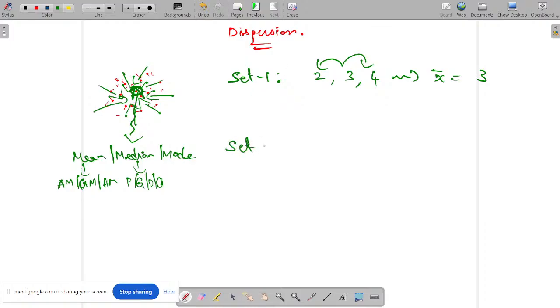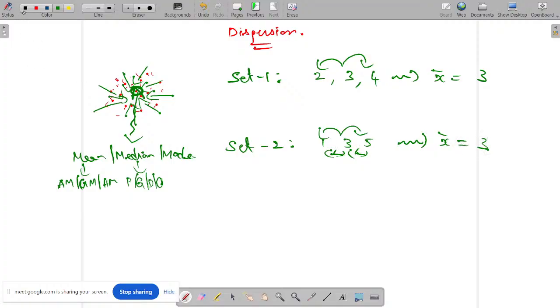Set 2 has 1, 3 and 5. What's the x bar? Again, there is a deviation of 2 and minus 2, so the value will be the middle value. That will be the median, that will be the mode. So here the value is 3.